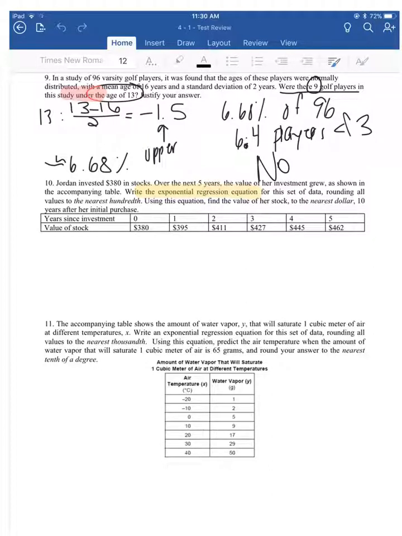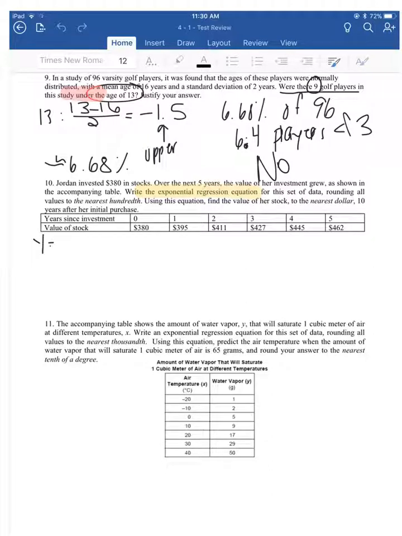So we have stat, edit. I'm going to fill in 2 lists here for my 2 data sets. Once I have that all typed in my calculator, I'm going to press stat, move over to calc, and I'm going to look for the exponential regression equation. You can press enter once you're hovering over it, and then just click enter until it gives you the pieces of information that you need. Again, you have to write everything out that you see on your screen.